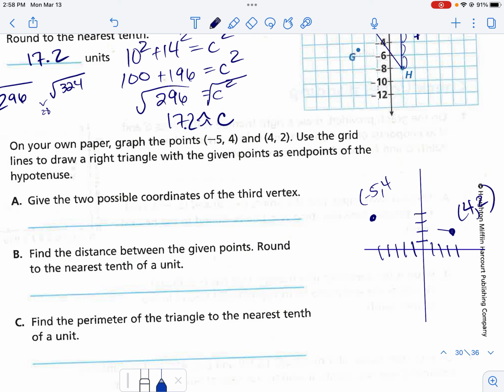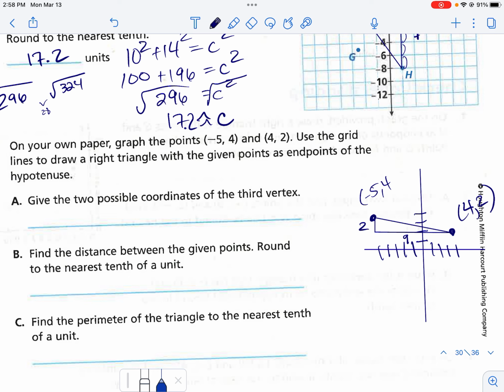So if I'm doing this, and then I'm going to go down and across. Okay, so we went from 2 to 4, so that's 2. We went from negative 5 to 4, so that's 9.